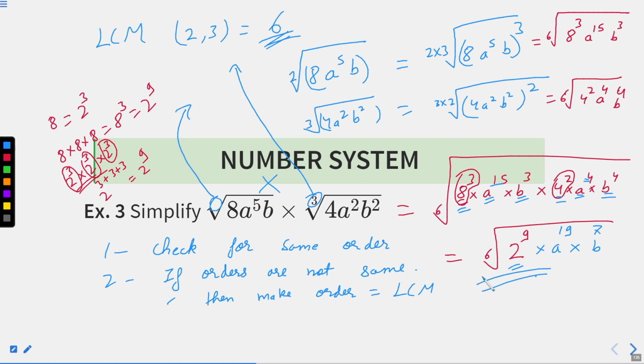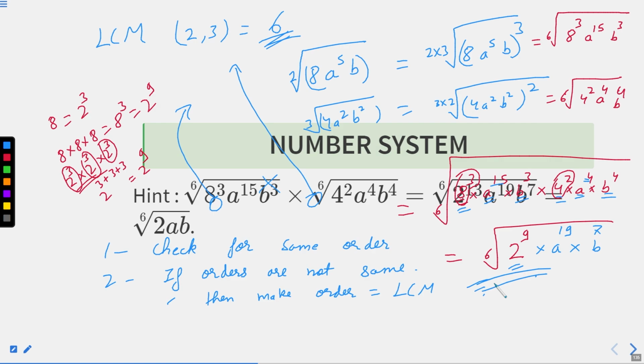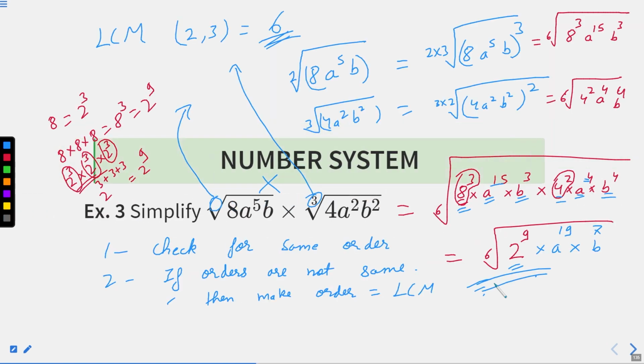Okay, so let's move on. So 9, 19 and 7. I haven't done the remaining term yet, which is 4 squared.